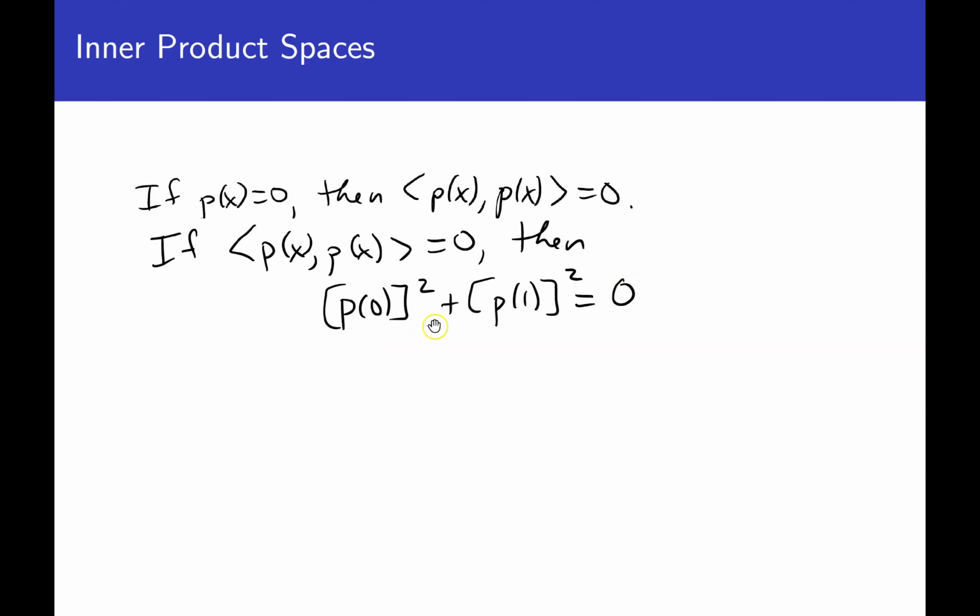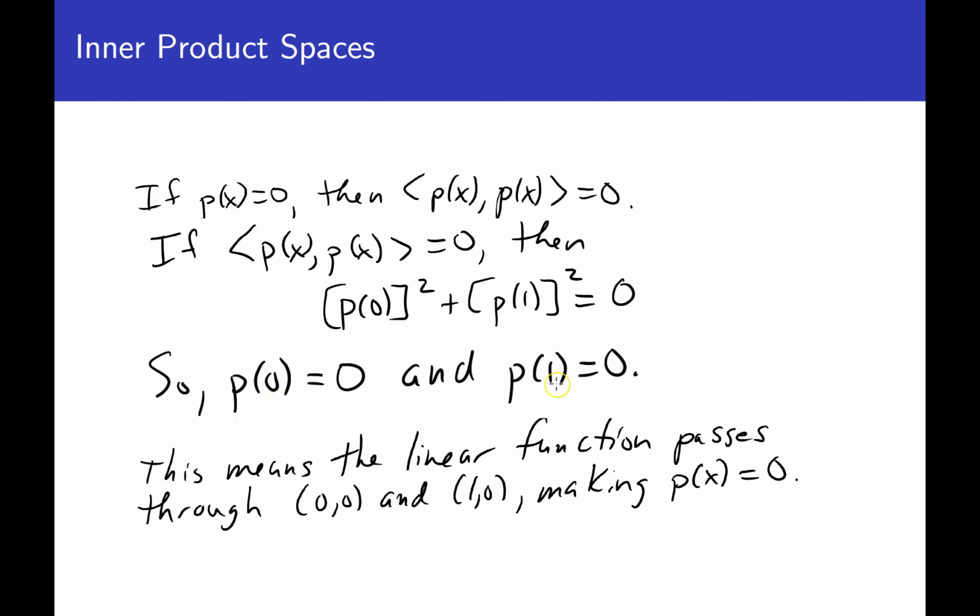So if I get 0 out, each of the individual pieces must be equal to 0. Now remember, we're talking about linear functions. So the line would have to pass through the point (0, 0), and the line would have to pass through the point (1, 0). Well, the only line that does that is the line p of x equals 0, which again is the 0 vector.